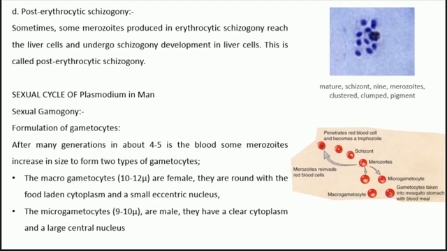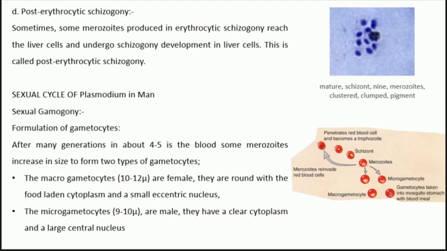Remember, these are macrogametocytes because their size is large, but they have a small nucleus. The second thing that is formed is the microgametocyte, which is the male gametocyte. They have a clear cytoplasm and a large central nucleus.